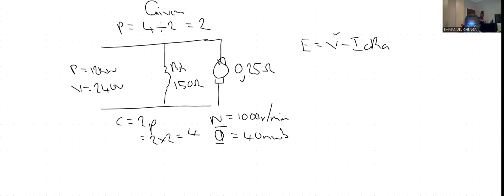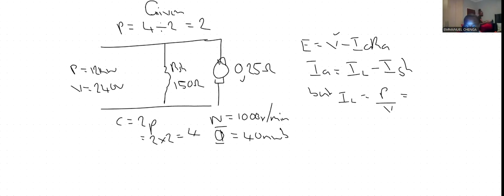I said we can calculate our IA by saying IL minus I shunt, but we don't have IL, so we can calculate IL by saying P divided by V. If I divide 12,000 by the voltage of 240, you get 50 amps.